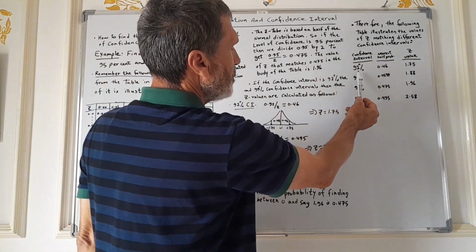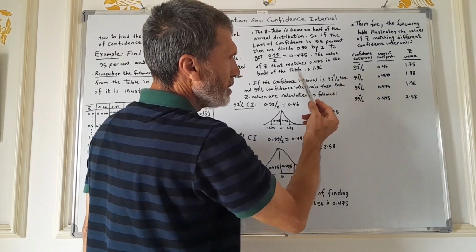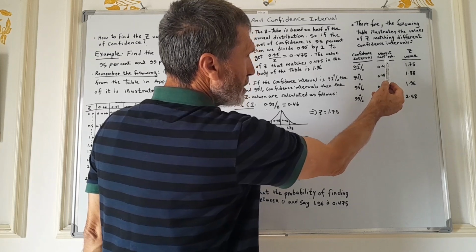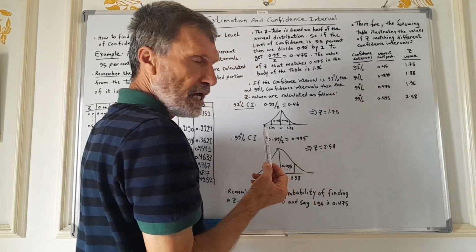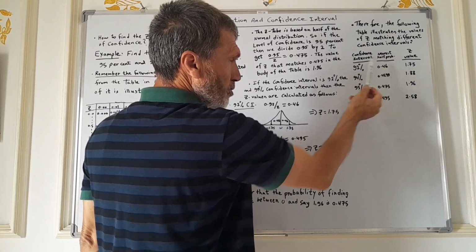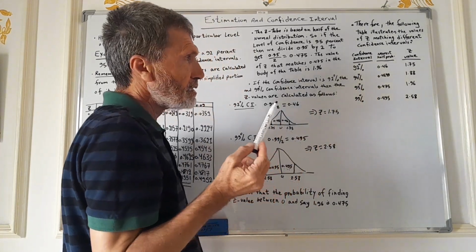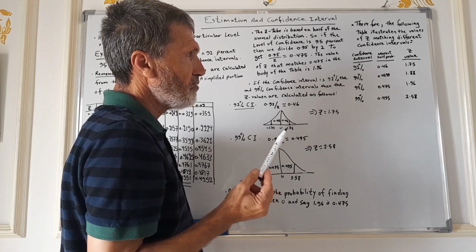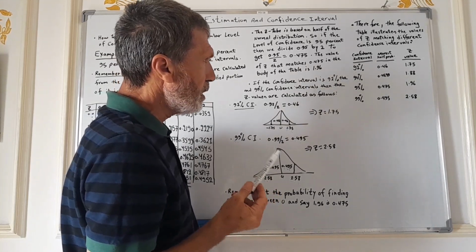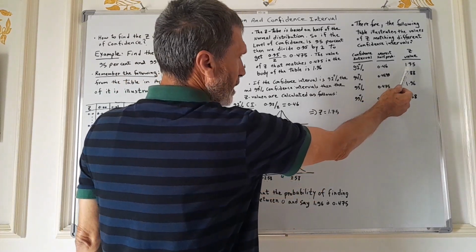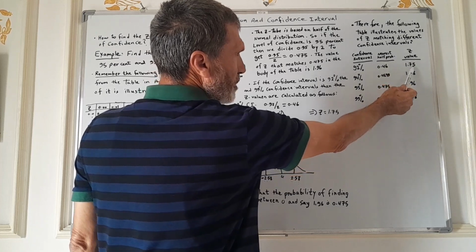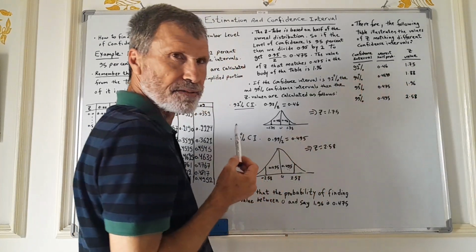For instance, if the confidence interval is 92%, then the nearest half probability is 0.46, and the z-value is 1.75. So the probability of finding a z-value between 0 and 1.75 is 0.46.